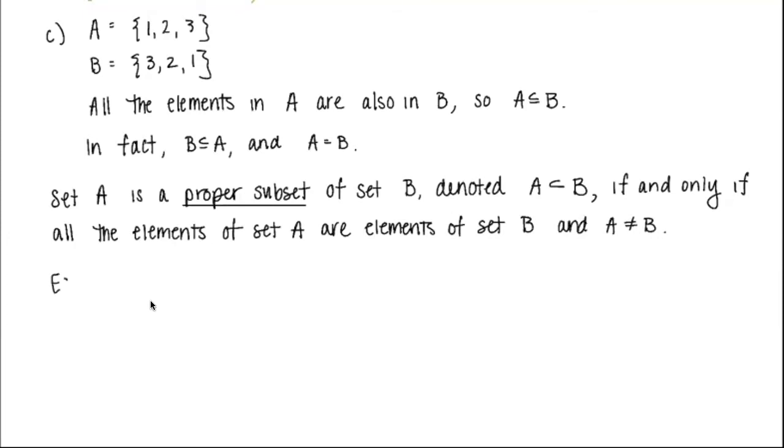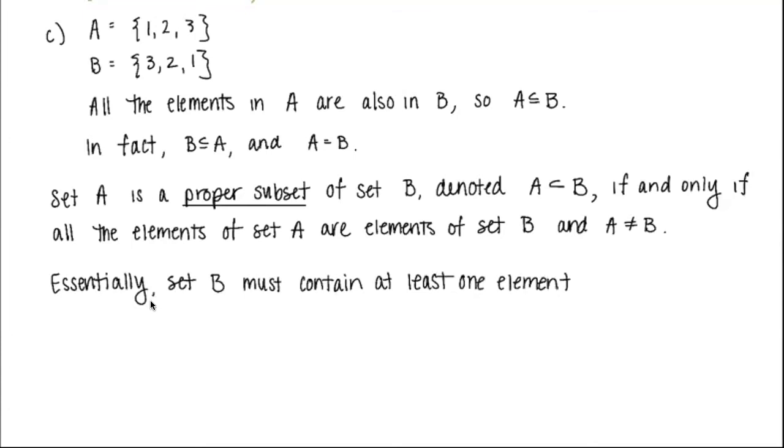So essentially, set B must contain at least one element that's not in A. Okay. It must have a larger cardinality.